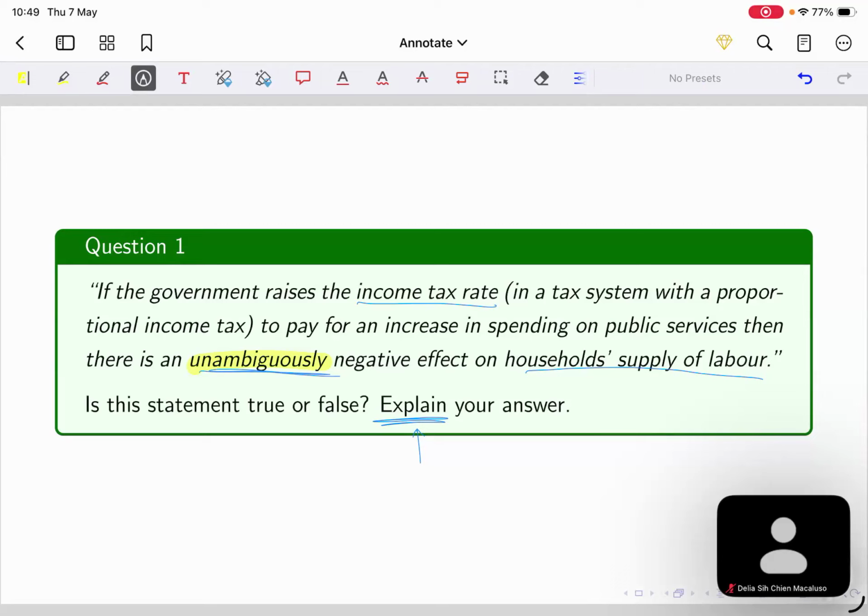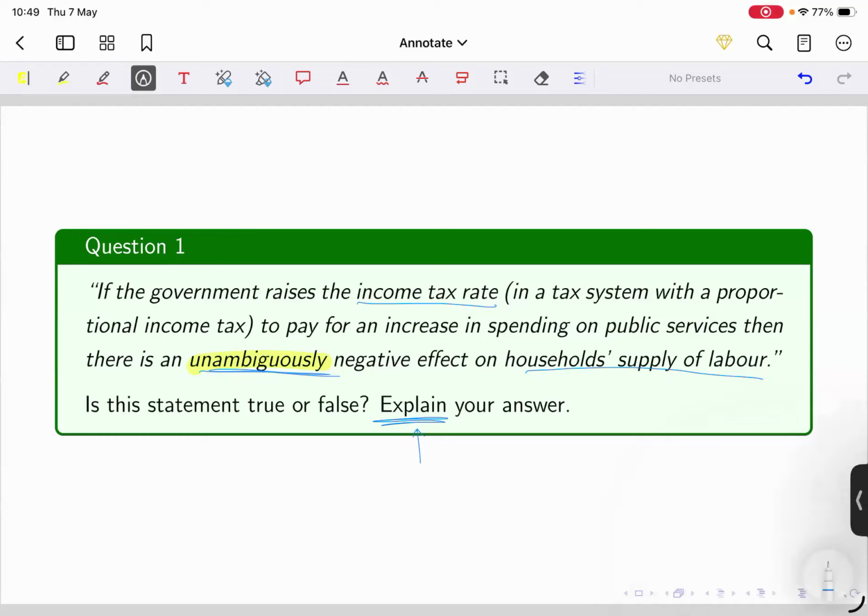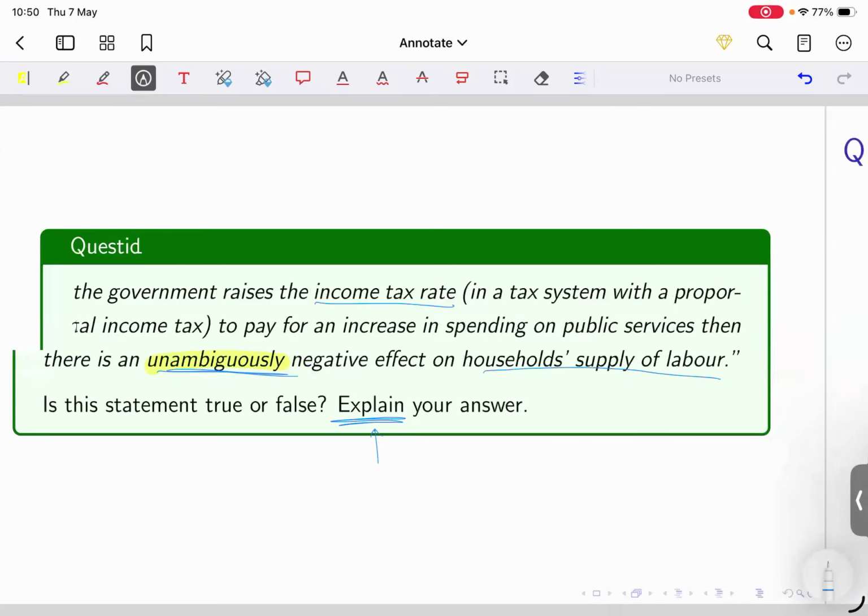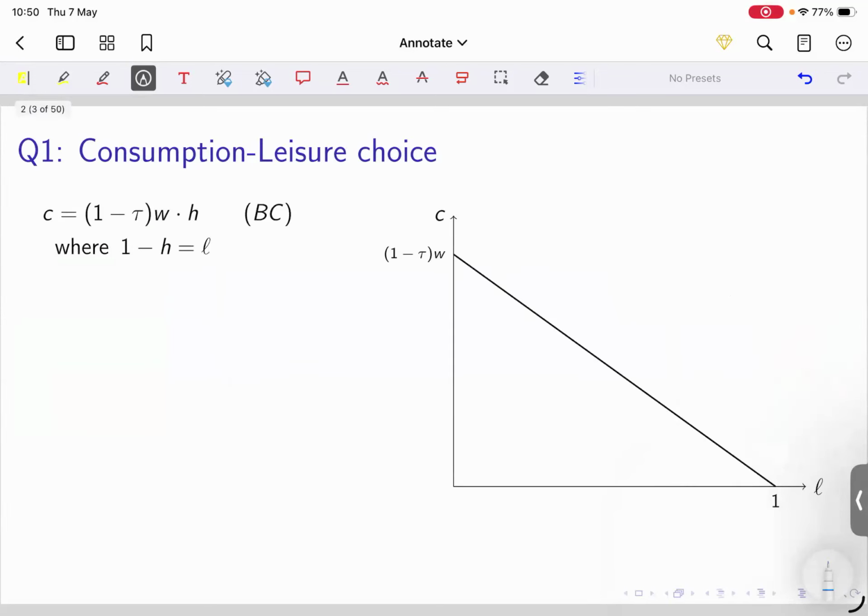So in this sense, it's perhaps easier to answer these questions for a false, for example, because it is enough to invalidate the statement to find a counterexample, which can often be a very successful strategy in answering these questions. Of course, it needs to be, first of all, accurate and then motivated, but that's exactly what we're going to do now. So, as said, let's consider consumption-leisure choice. We're keeping it here really as simple as possible.